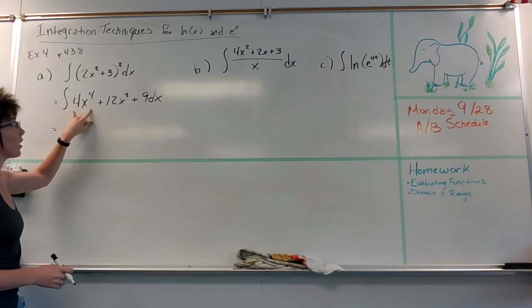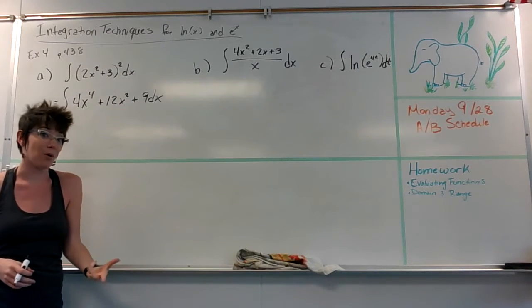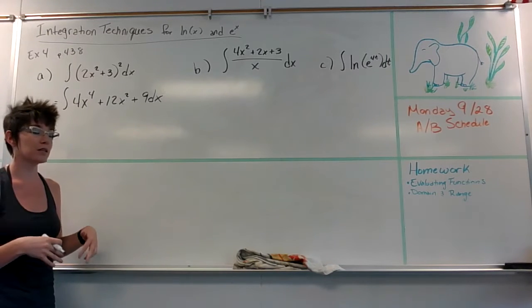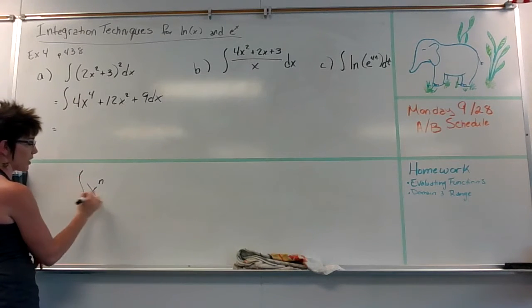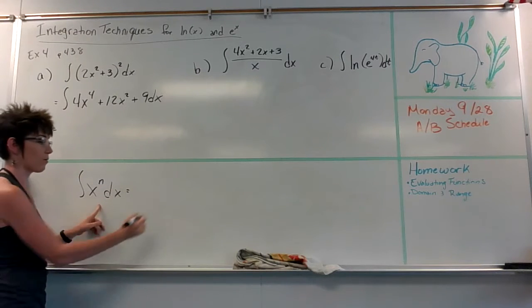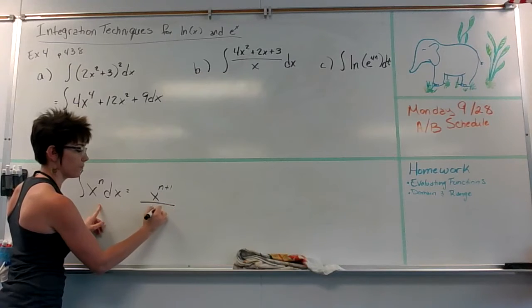So from here, notice that the only rule I really have to think about is power rule backwards. That's a matter of taking, well, if it's x to the n that I'm trying to integrate, then doing it backwards means raise your power by 1 and divide by the new.